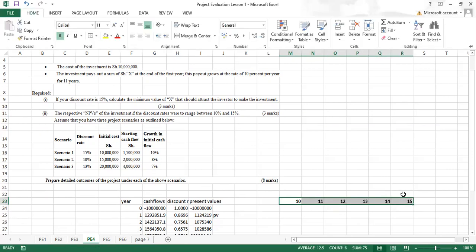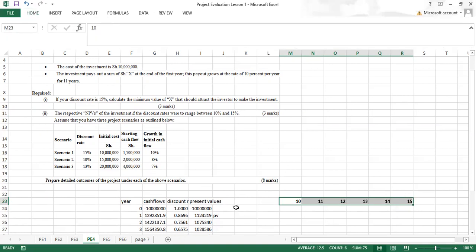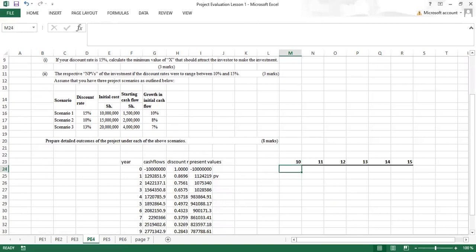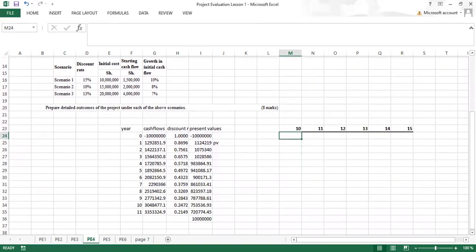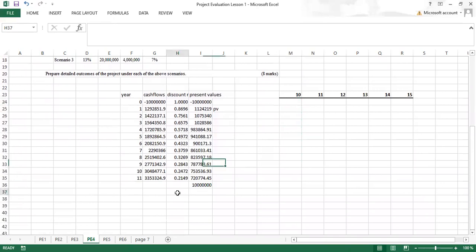I do Alt HBH, a border that's very thick, bottom border, and also here I must now find the NPV for this question before I create the data table. So you see, we started from here. So these are the present values. So the NPV is the present value plus the cash flow. This is the sum. Let me do this first. You see, Alt HBP.